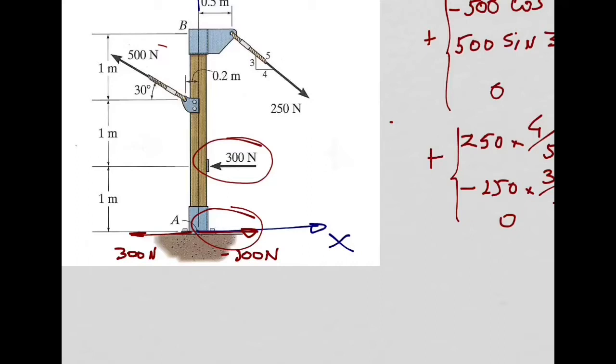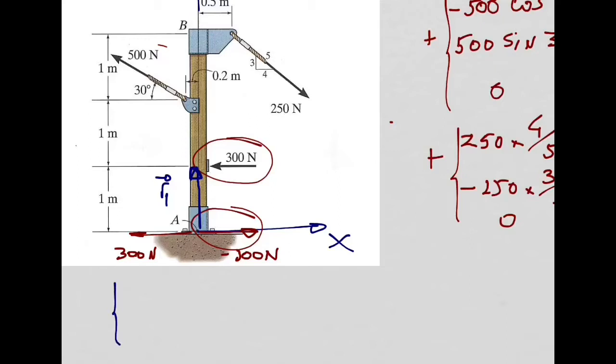And how much is that moment? What is my position vector that I need? I need the position vector connecting point A with this point here. I need this position vector in blue. Let's say this is my R1 position vector.